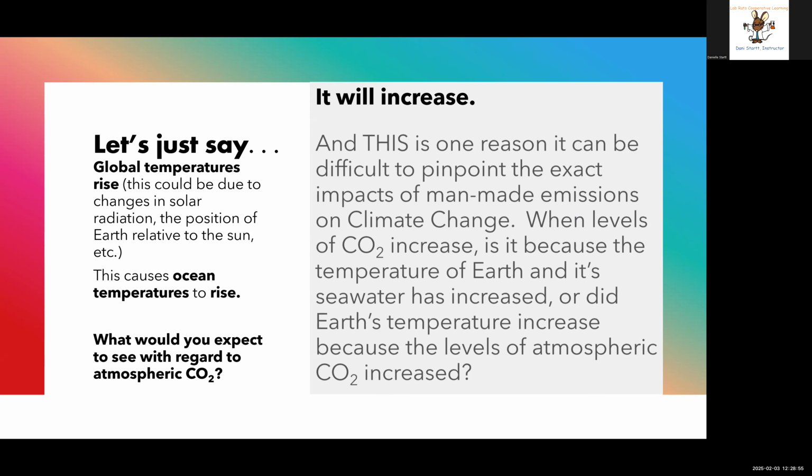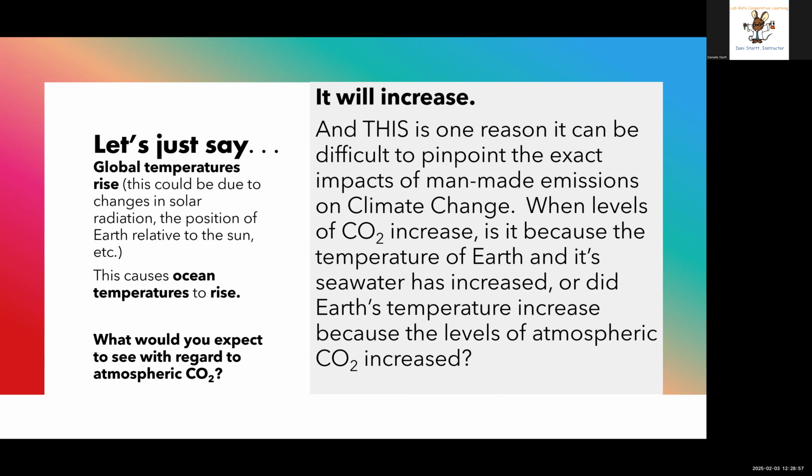And this is one reason that it can be difficult to pinpoint the exact impacts of man-made emissions on climate change, because when levels of CO2 increase, is it because the temperature of Earth and its seawater has increased? Or did Earth's temperature increase because the levels of atmospheric CO2 increased?